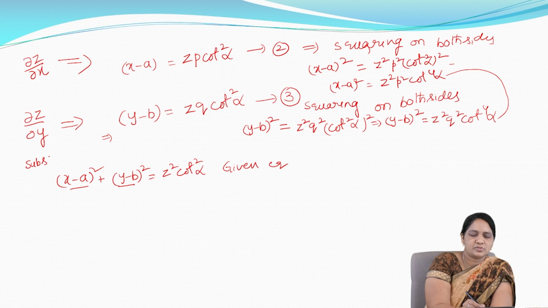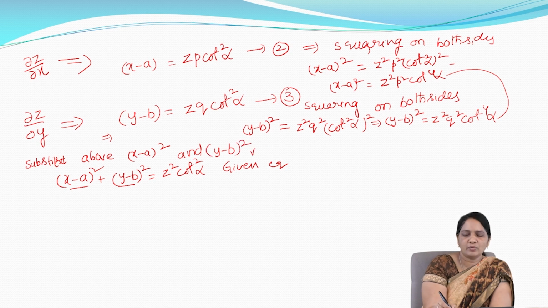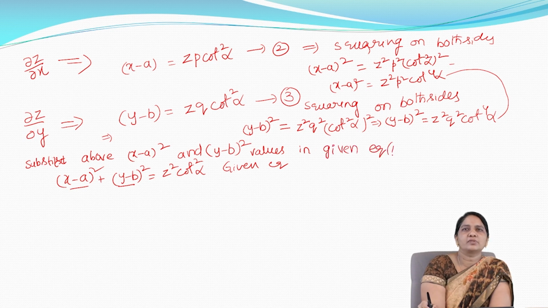Substitute the above values of x minus a whole square and y minus b whole square in the given equation, equation 1.